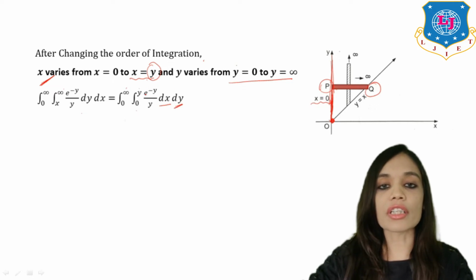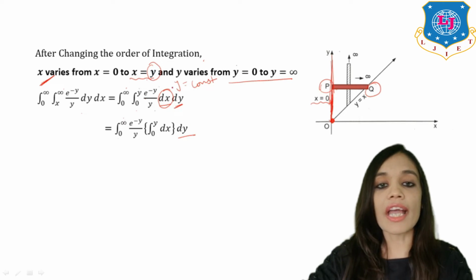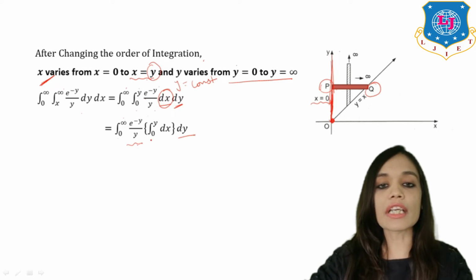And your function is e raised to minus y upon y. So now let us start the integration first with respect to x, keeping y as constant. So the integration 0 to infinity dy will remain as it is, and since y is constant, e raised to minus y upon y also will remain as it is. We just have to do integration from 0 to y dx.